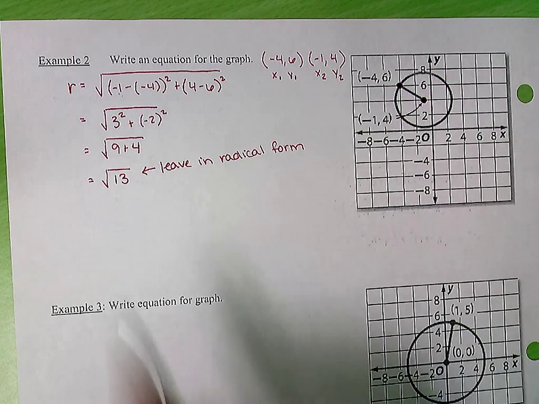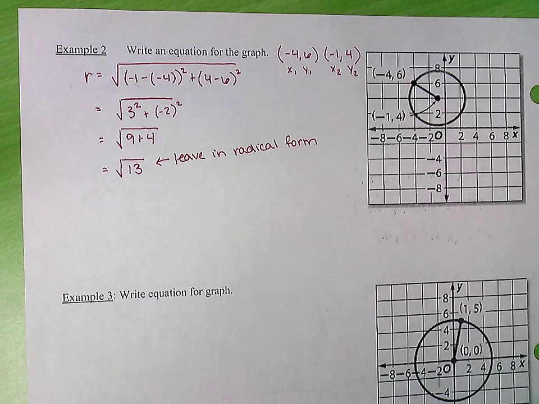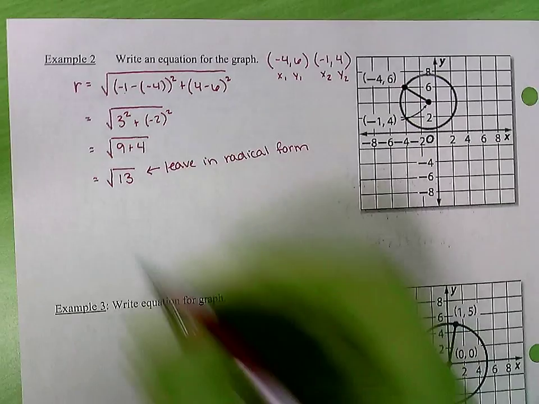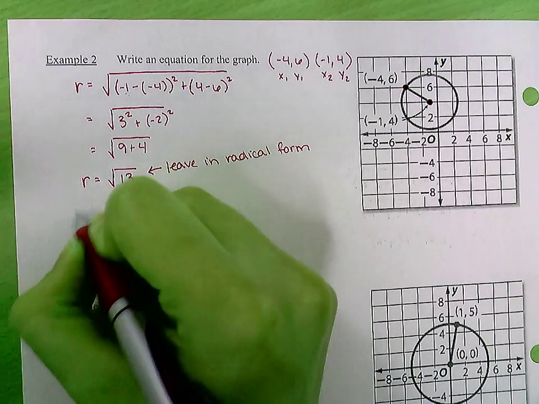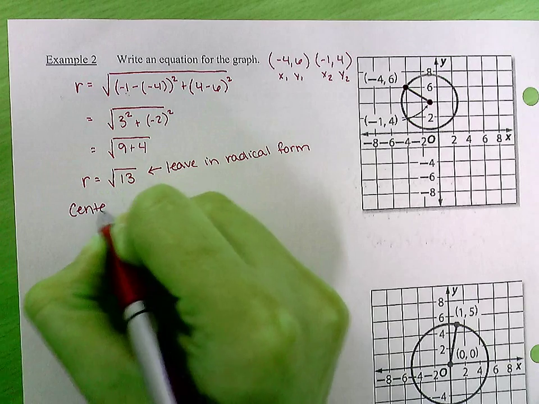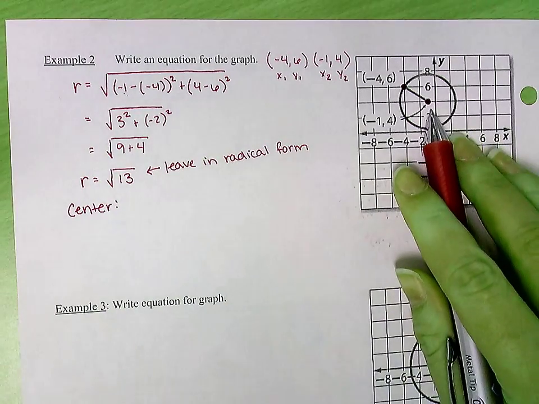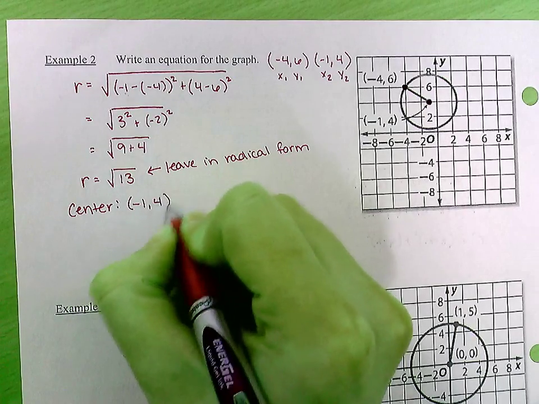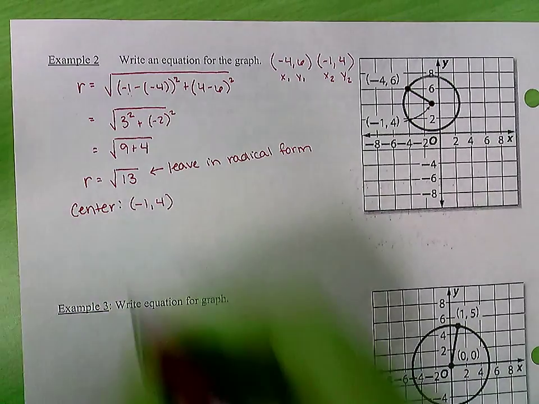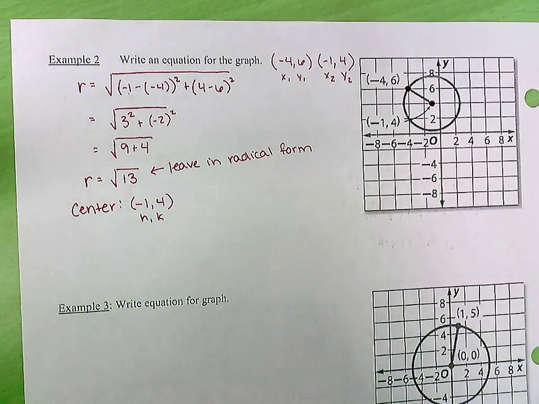So you want to keep it in that radical form. Now I have my radius. I know what the center point is because it's on my circle right here. Your center is at negative 1, 4. Again, that center point is h, k.